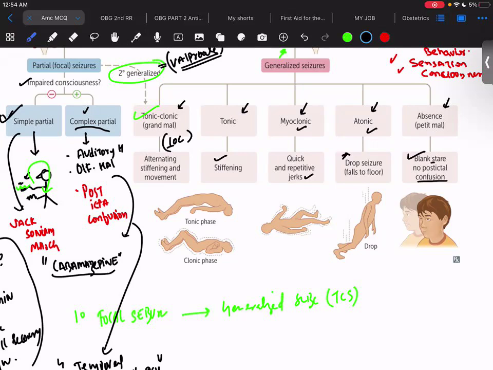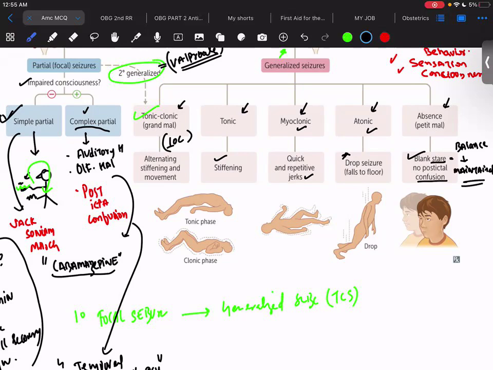There's just a blank stare, but the body balance is maintained. There is no dropping.